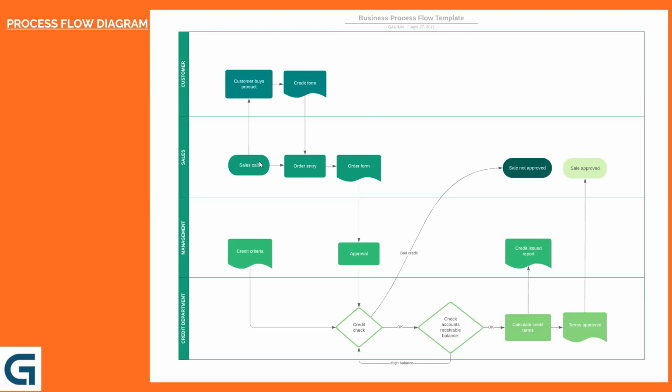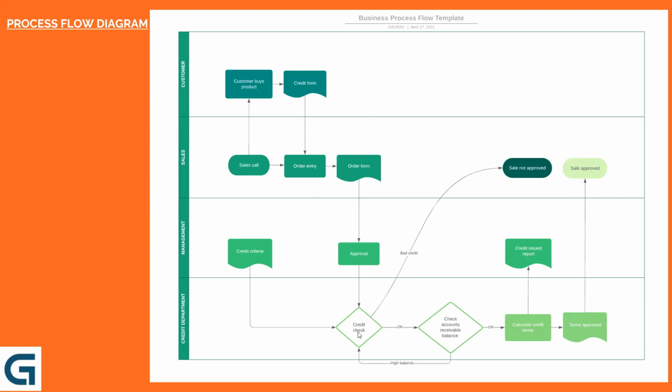Always remember this about the process flow diagram: this shape, the oval or capsule shape, is the depiction of the start of a process. The similar shape is also the end of the process. You need to remember this.